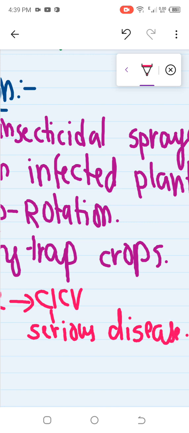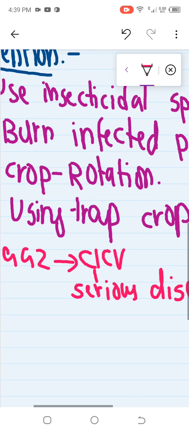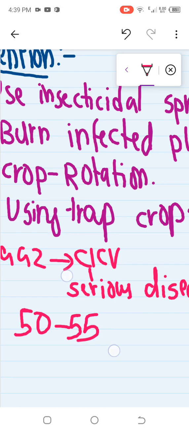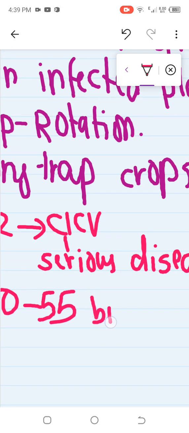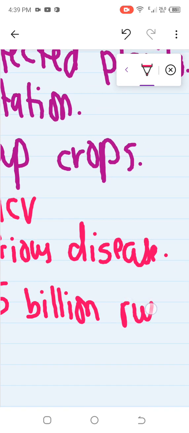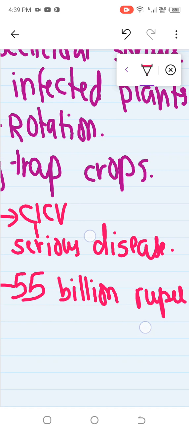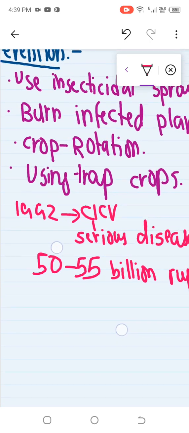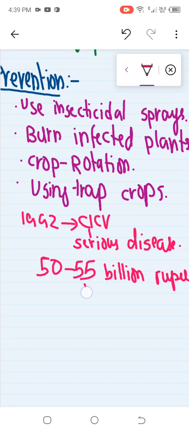Then it caused a heavy loss to the Pakistan economy. That loss was around 50 to 55 billion rupees. So we can say CLCuV is a very serious disease, causing loss to the Pakistan economy.